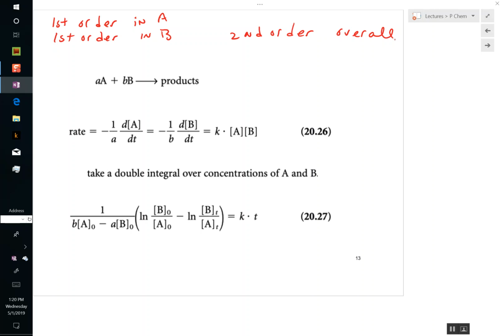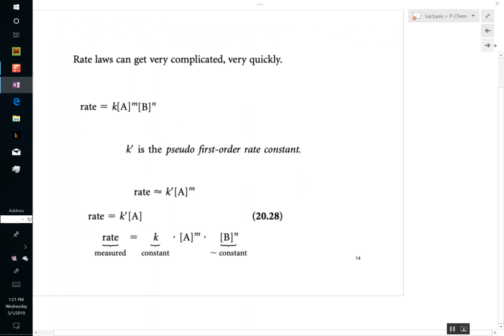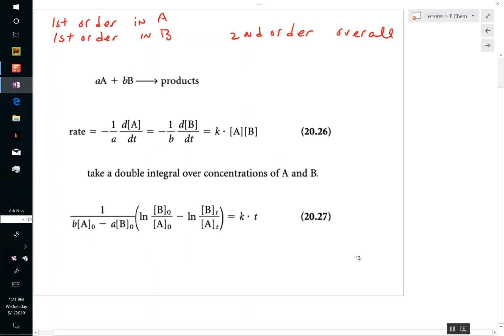And through some double integration of this with respect to A and B, you get down to this arrangement here. This equation. This is second order overall. Okay, so that's second order overall.